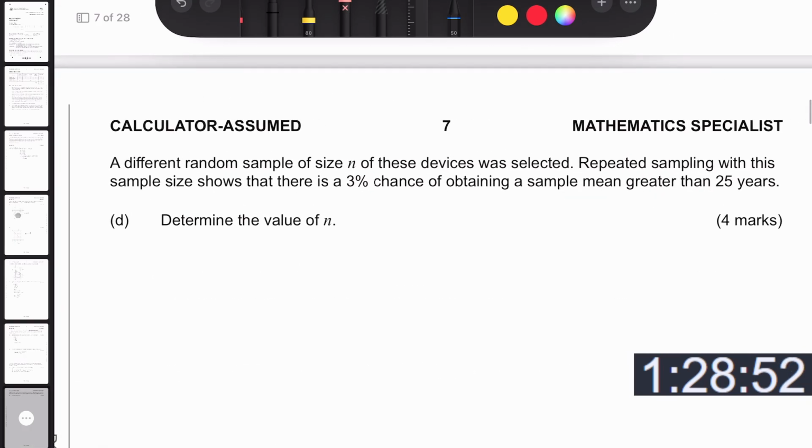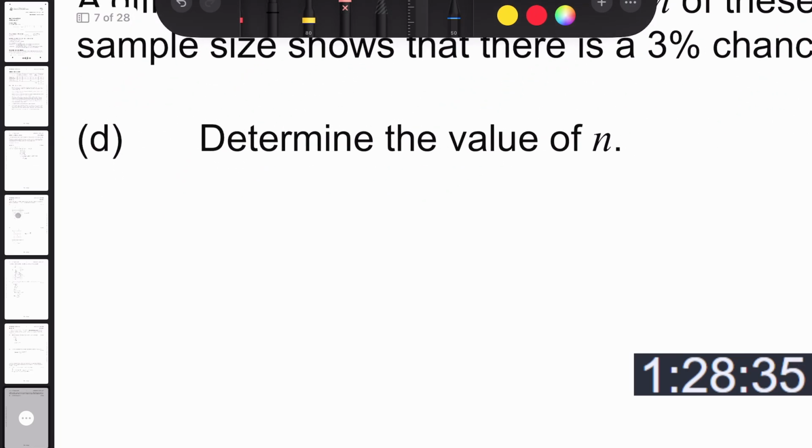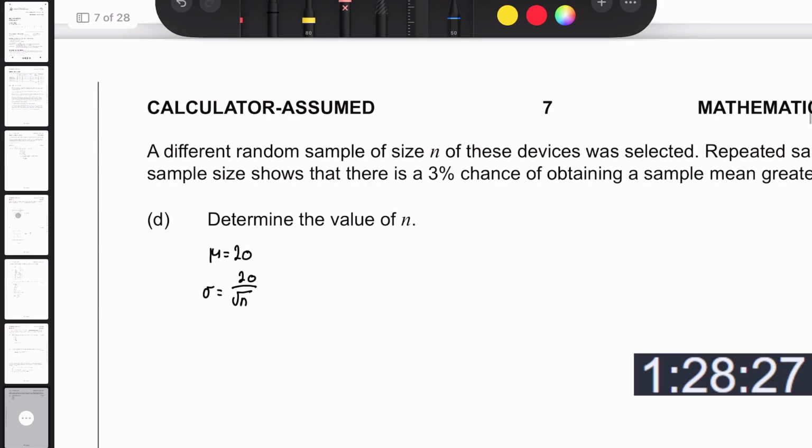A different random sample of n of these was selected. Repeated sampling with this sample size shows that there is a 3% chance of obtaining a sample mean greater than 25 years. Find n. So mu will still equal 20, but then my standard deviation is going to be 20 on square root of n.